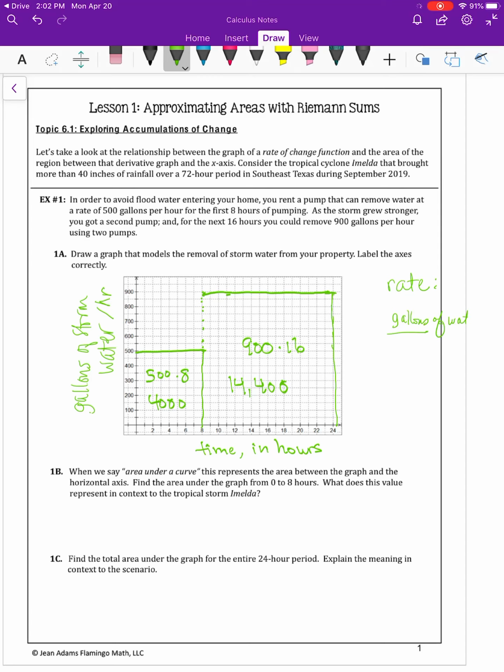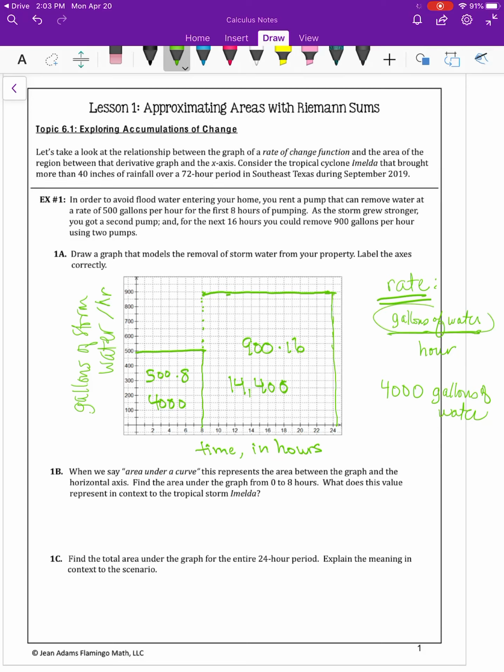When your y-axis is a rate, and you look at the area under the curve, if your rate is always something over something, so this one was gallons of water, and then this means per hour, that was your rate, and that was the units of your y-axis.